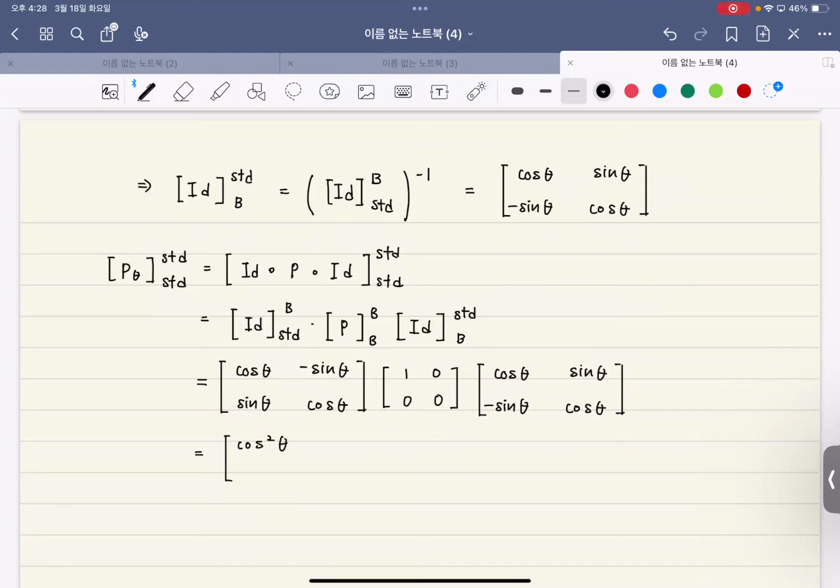I really recommend you to do this computation by yourself. If you do it, then you understand. But if you don't, then maybe you can't.